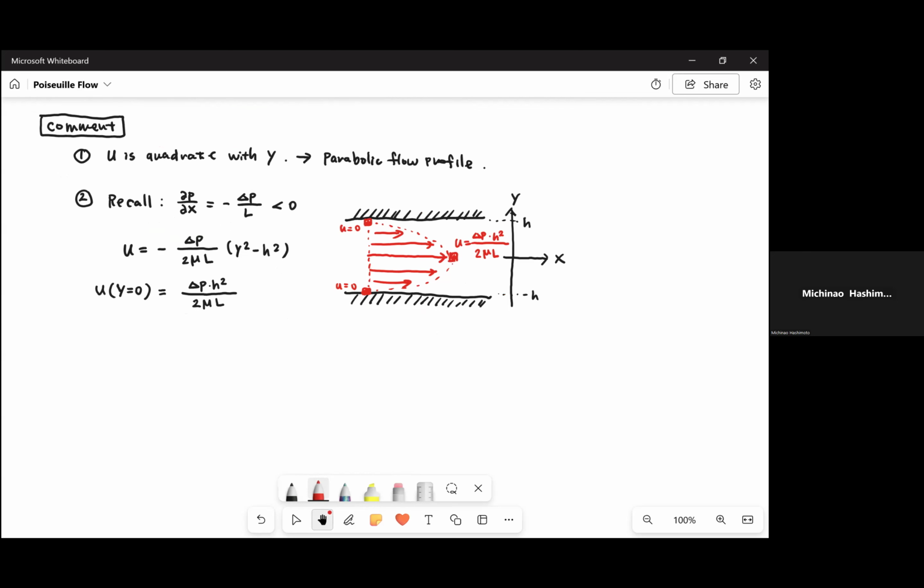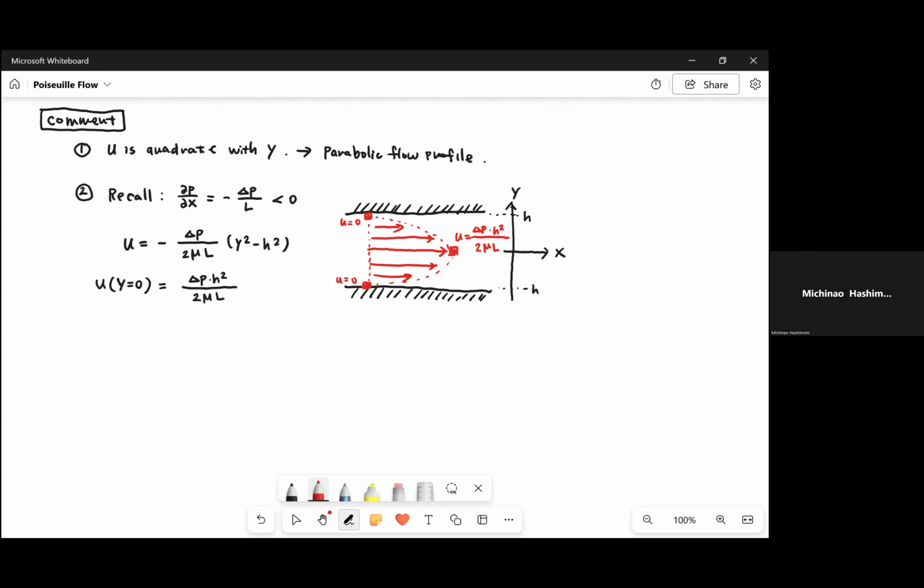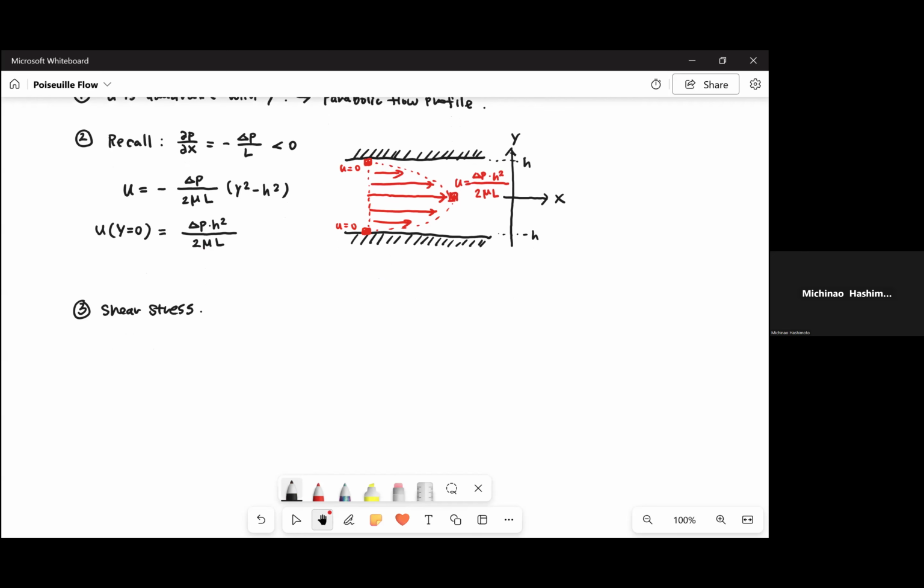And then one last thing is let's always revisit the shear stress. In this case, unlike the case of the Couette flow, there is some variation of the shear stress. So let me find out what it is. Shear stress is tau equals mu times du/dy.